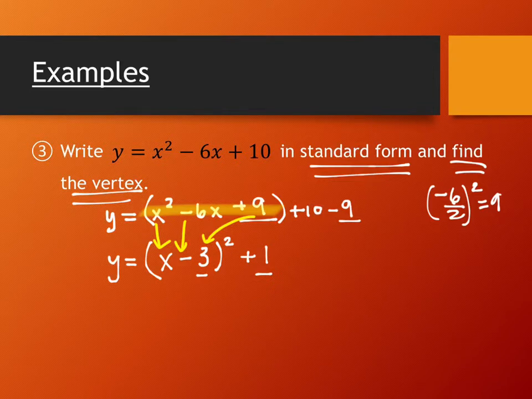It moves it to the right 3. So my vertex is not at negative 3. It's at positive 3 and then 1 because it moved it right 3. So the sign is opposite of what you would expect from the middle term. But the sign on the outside is the same, right? We moved it right 3, we moved it up 1. Well, my vertex would now be at (3, 1).